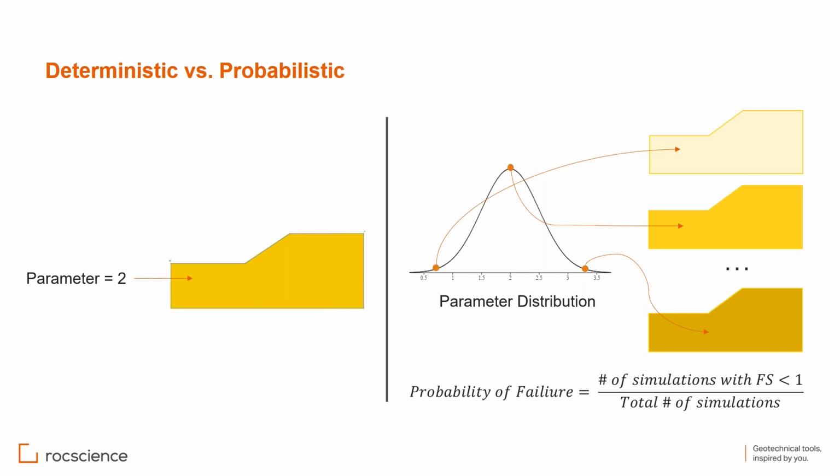So we don't have one value of factor of safety. We have several different values based on our sampling values from the distribution curve of the input parameters. And at the end, we calculate a parameter called the probability of failure, which is the number of simulations with a factor of safety of less than 1 divided by the total number of simulations.